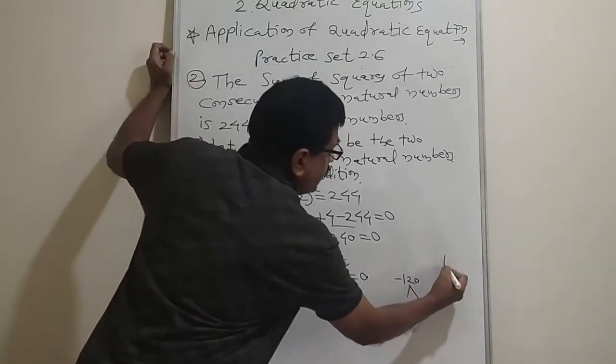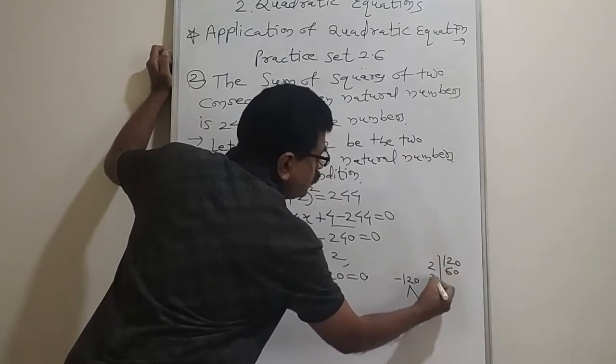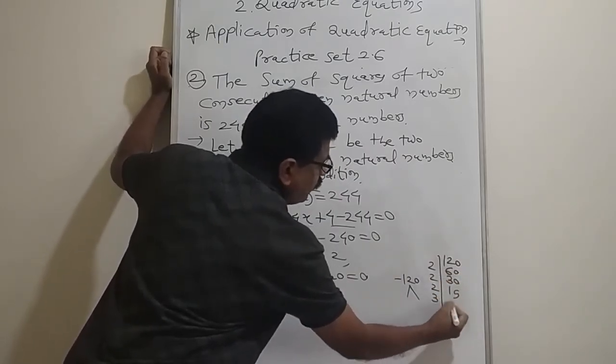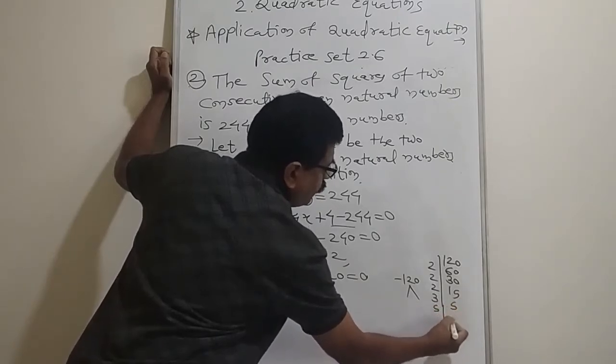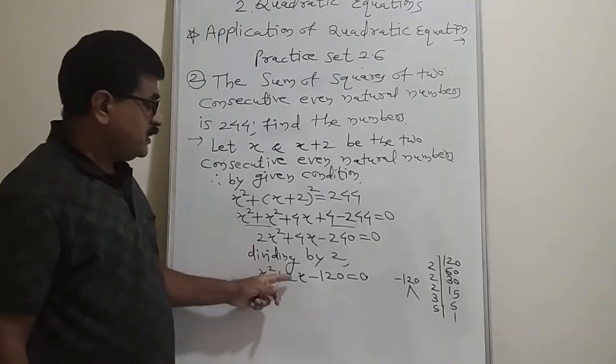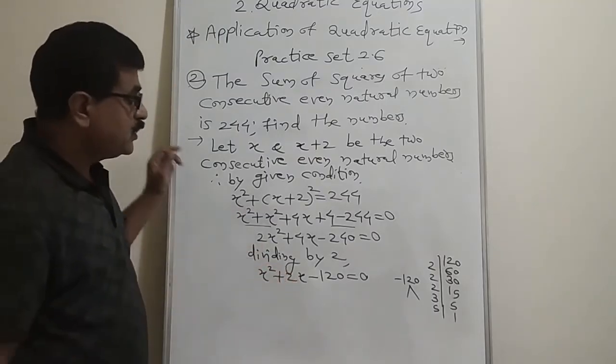Now write down the factors of 120: 2 and 60, 2 and 30, 2 and 15, 3 and 5, 5 and 1. Now take the terms whose difference must be 2.